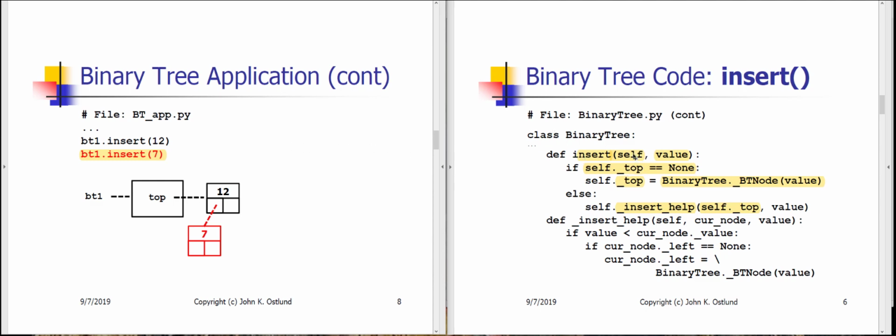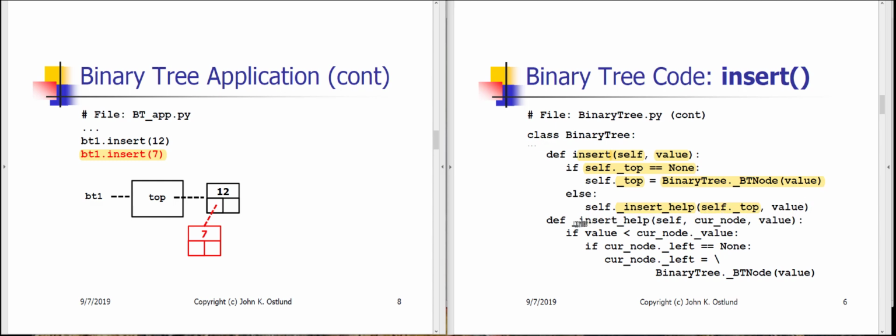All right, so self is the binary tree object, value is 7, self._top is not none at this point because we do already have one value in the tree. Consequently, we come down to the else and we say into the binary tree, let's do an insert help of self._top. Okay, that refers to the node containing the 12. And our value is 7.